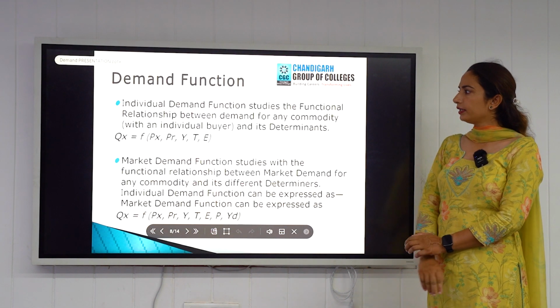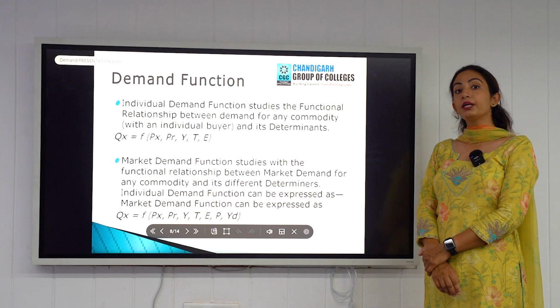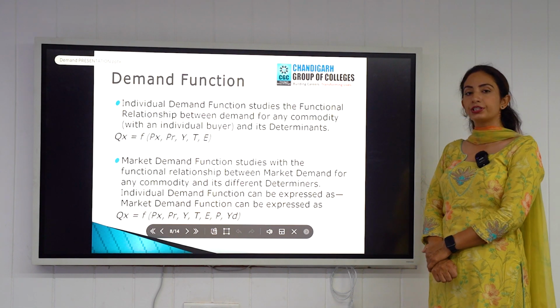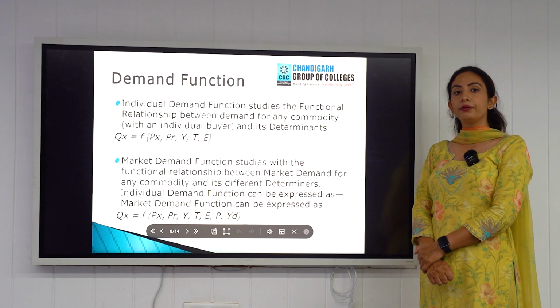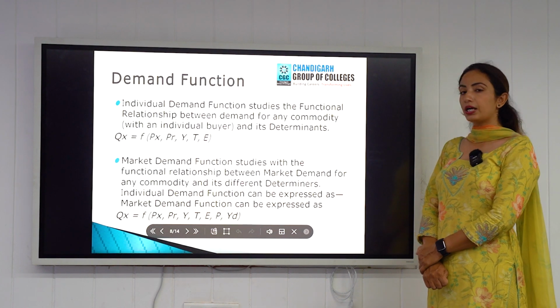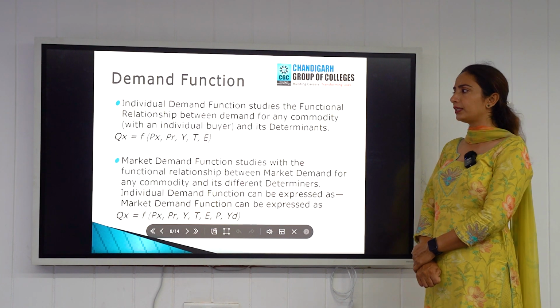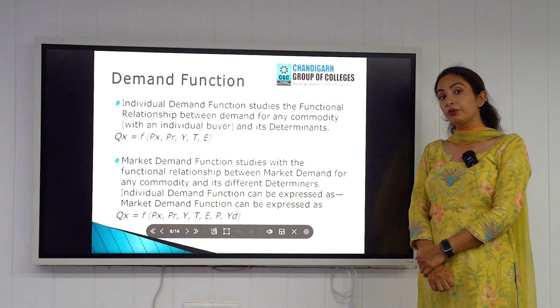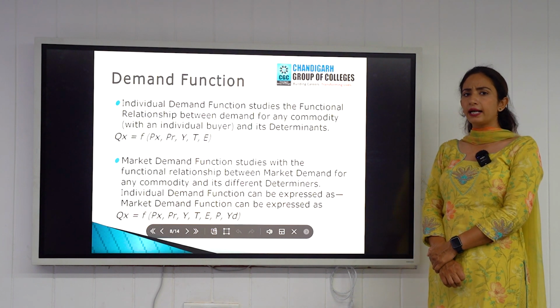Then the demand function, a kind of equation that shows the relationship of quantity demanded with the various factors which are prices of the commodity, prices of the related goods, income of the consumer, and the taste and expectations of the consumers.